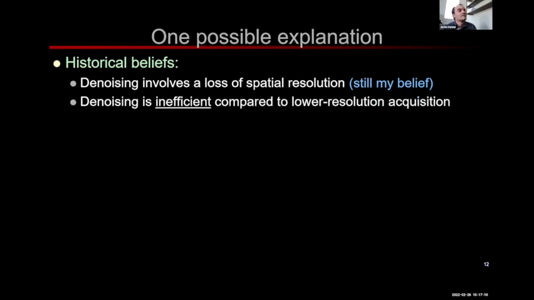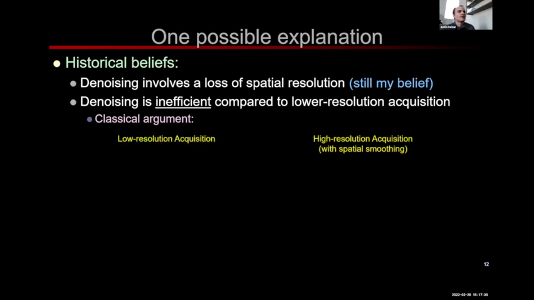Beyond that, what people thought is that if you look at denoising versus just a lower resolution acquisition, it was believed that denoising is actually something very inefficient. And here's the classical argument that is made. Here we're going to compare a low resolution acquisition versus a high resolution acquisition, where we're doing some kind of spatial smoothing to improve the signal to noise ratio.